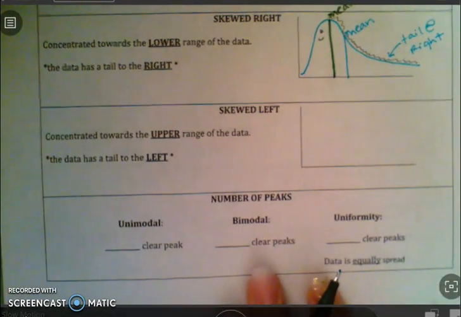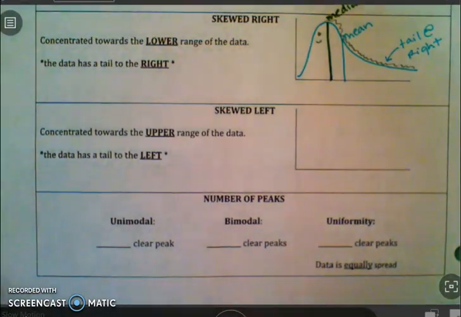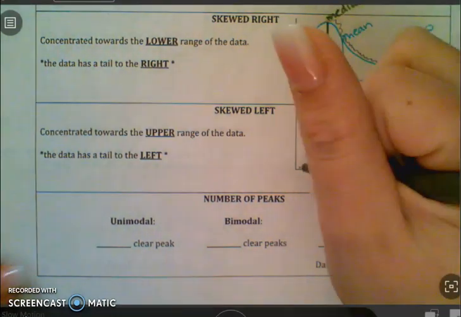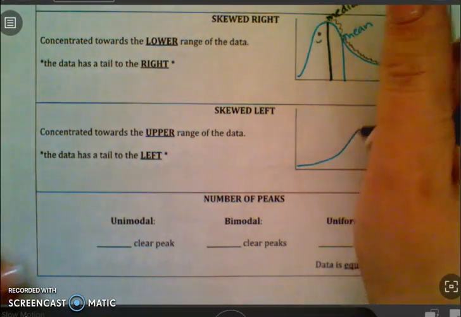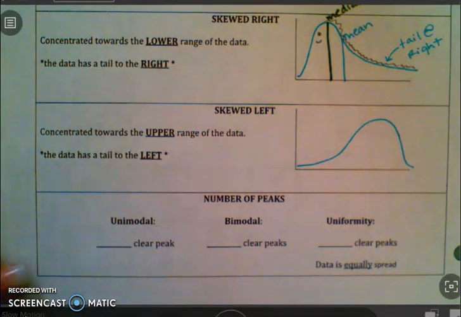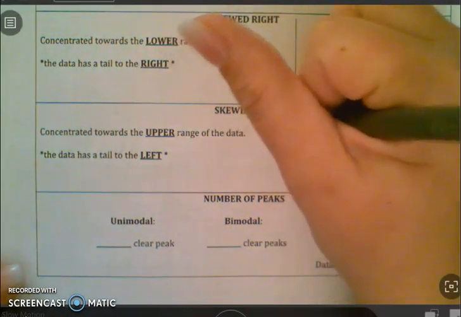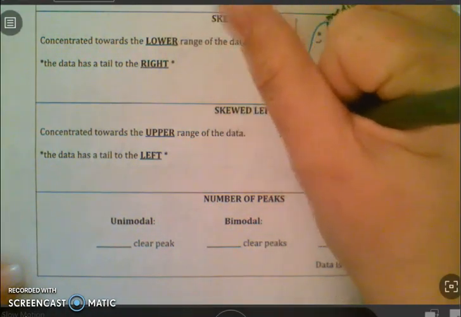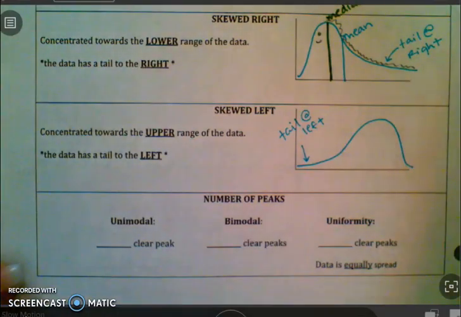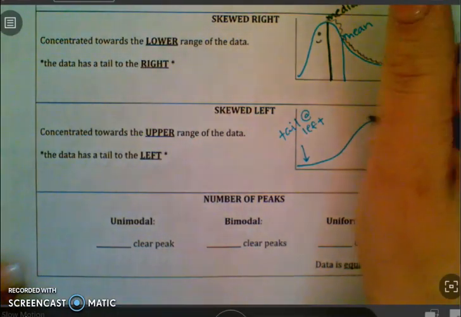Okay, next we have skewed left. So concentrated towards the upper range of the data. The data has the tail to the left. So now it's going to look more like that. So again, here's your tail. Tail is at the left side. And again, if you're not sure, draw your little dinosaur.